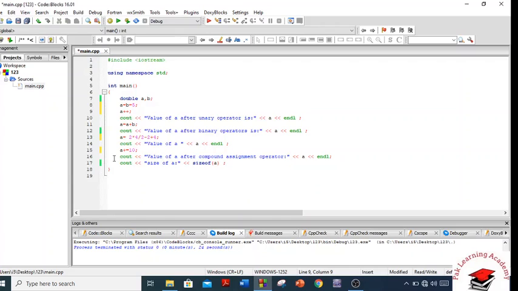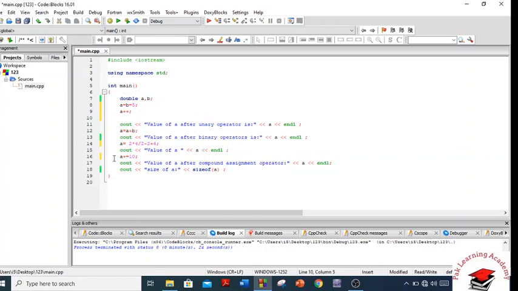Prefix means to place the operator before the operand, like plus plus a. And postfix means to place the operator after the operand, like here. Both are the same, but there is a little difference which we will discuss later.